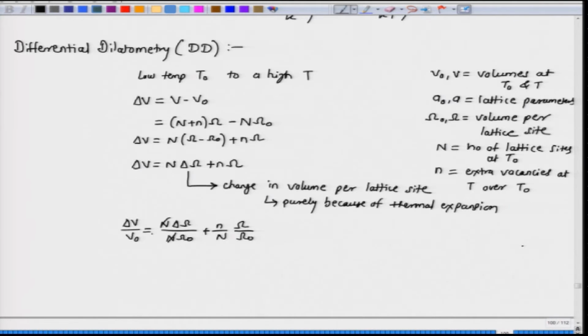This N will get cancelled. So, we can write now again in this equation the small n over big N, we can approximately make it equal to x 1 v, that is the equilibrium concentration of vacancies at temperature T.